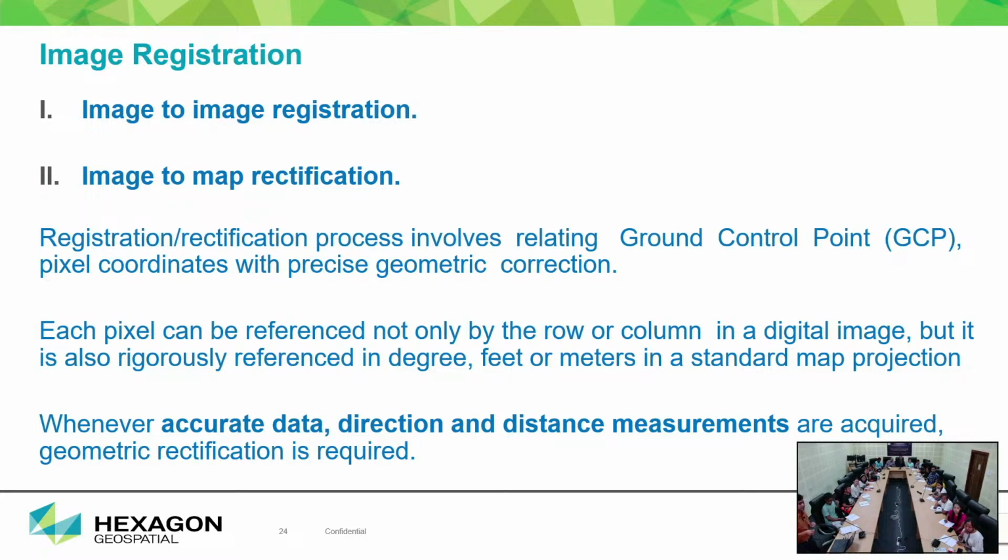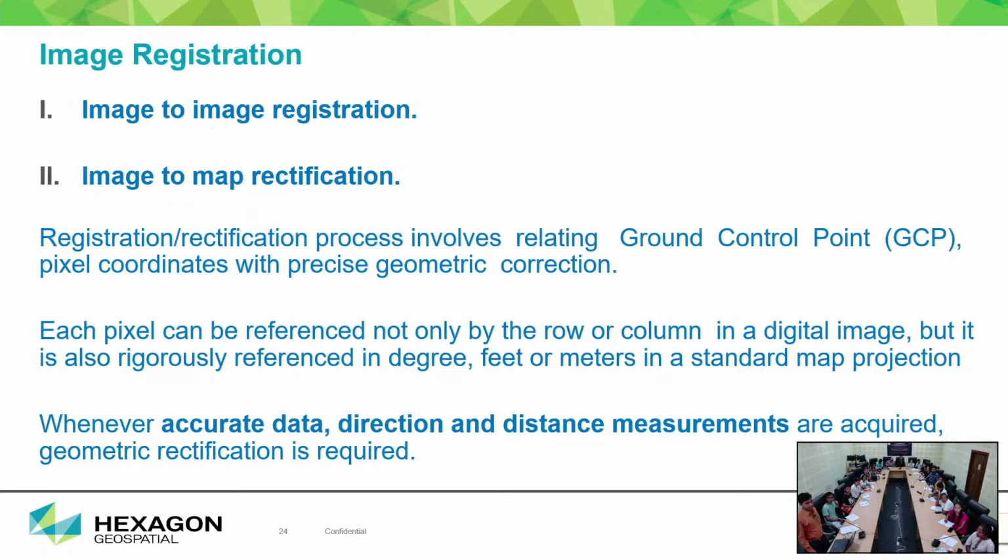Image to map rectification means suppose you have a satellite data or a toposheet map that is georeferenced, but you have another satellite data or another toposheet map that is not georeferenced. So based on the first map, I give the georeference of the first map to the second one. That time we will go for image to map rectification.